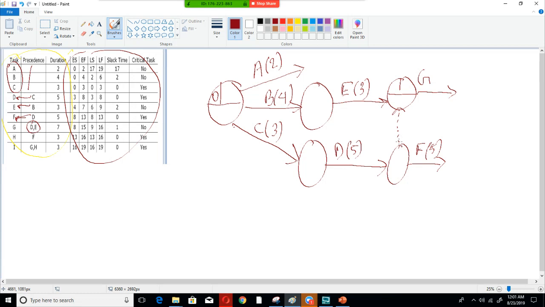So there will be a dotted line to G. That's what we'll do in this case. We'll see another case where it will be all clear.